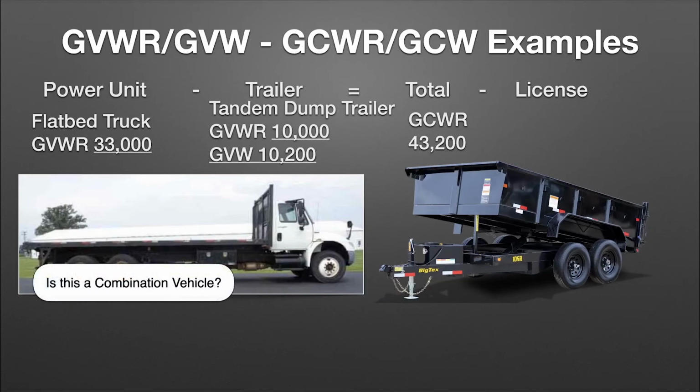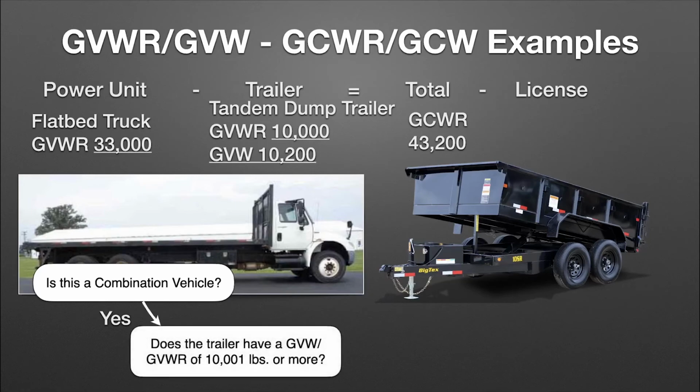All right, again, got to answer the question, is it a combination vehicle? Absolutely, we've got that little dump box trailer on there. The next question says does the trailer have a gross vehicle weight or gross vehicle weight rating of 10,001 pounds or more? Now, this is the catch right here. This is the one to get a lot of your individuals, a lot of your employees in trouble out in the field because they're thinking that they're driving a Class B vehicle when in all reality, we pivoted on this one.